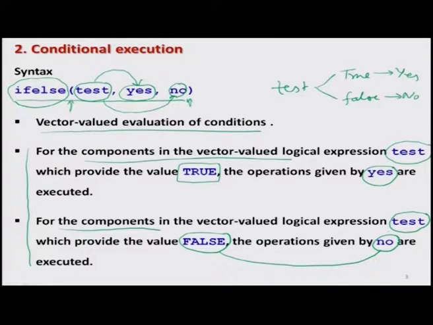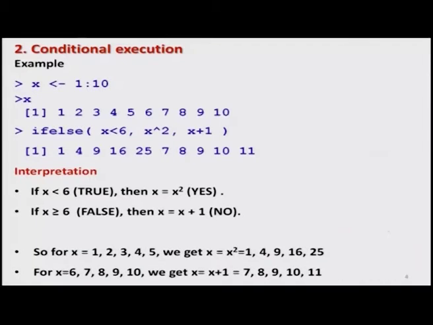Right, okay. So now let us take some examples and try to understand what I really mean by these statements. Suppose I generate a data set containing the values 1, 2, 3, 4 up to 10, and I store all these values under a variable, say x.